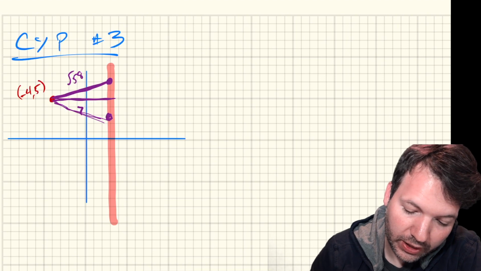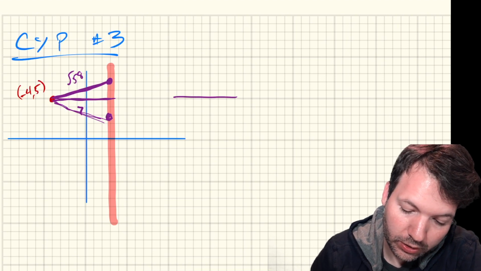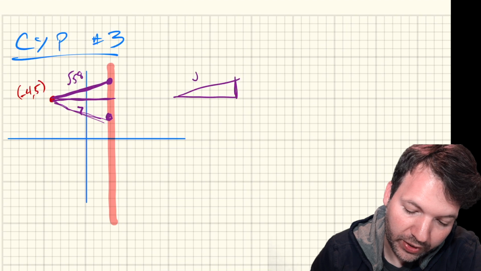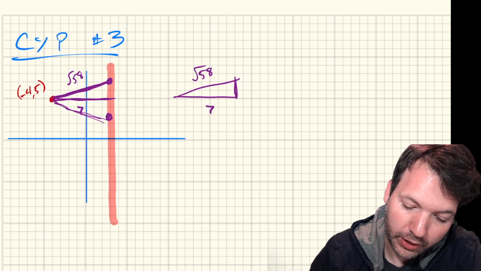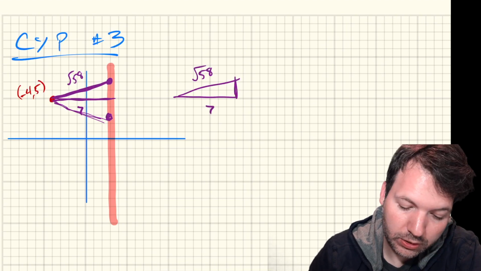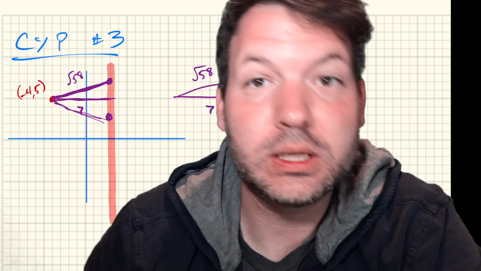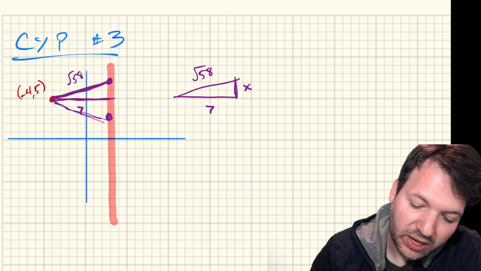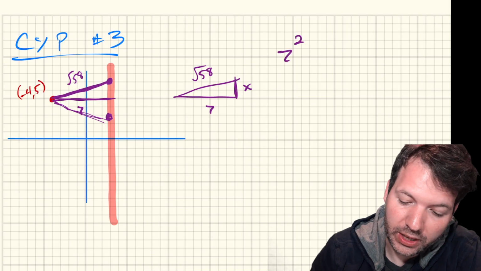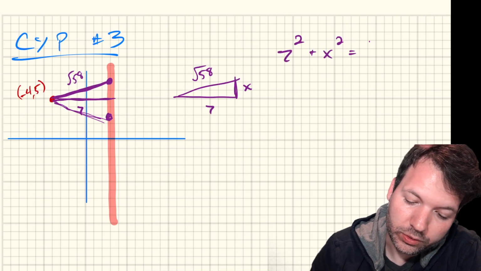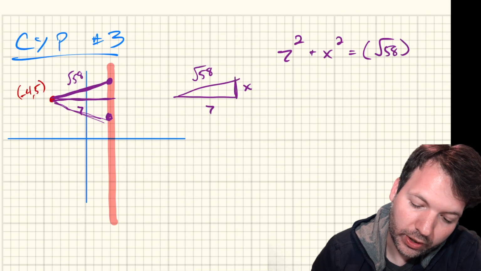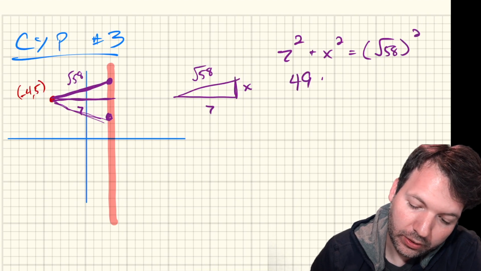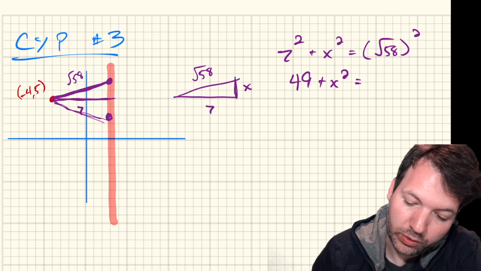You can tell in this case we could actually do this question with our Pythagorean theorem and a right triangle. Let's not call it a because that might get confusing. Let's just go ahead and call it x, a classic. 7 squared plus x squared equals root 58 squared. 49 plus x squared equals 58.